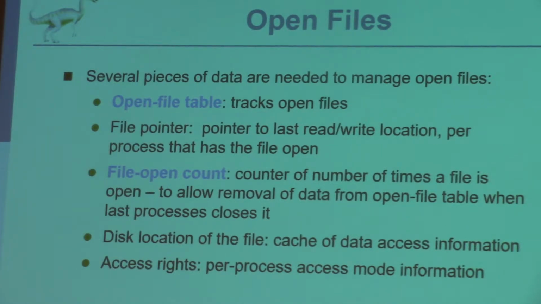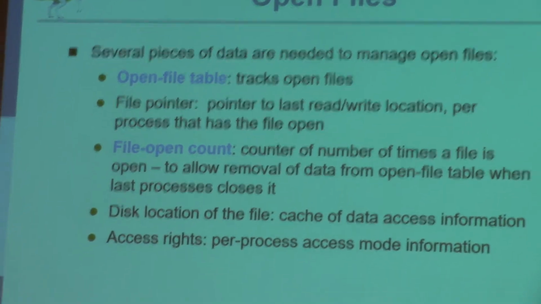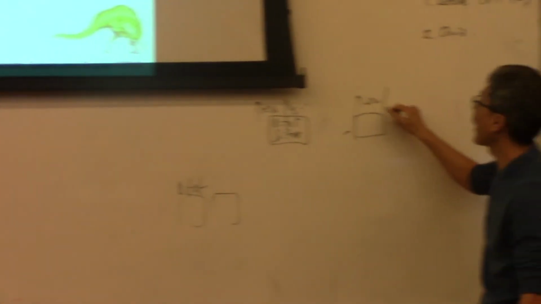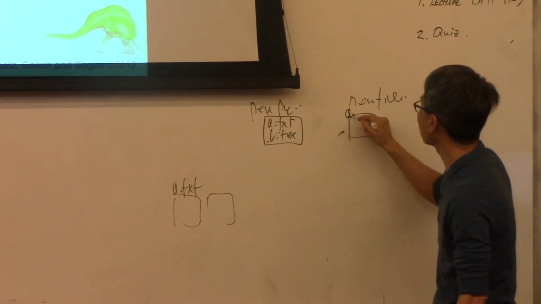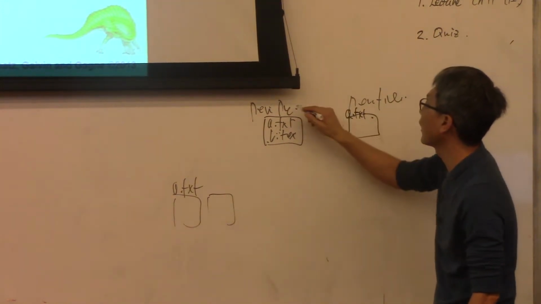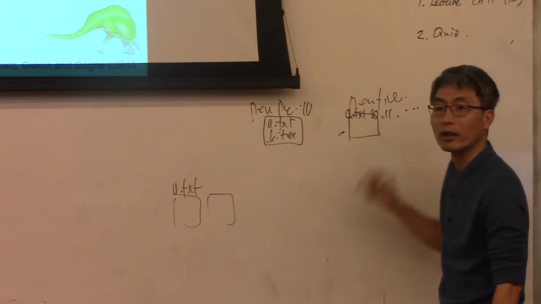So when you open the txt file, per process, the txt file is open. This one will be accessed. And if this process opens another file, that is recorded too. And then per file, for example, a.txt is opened by process number 10 and 11 and so on.